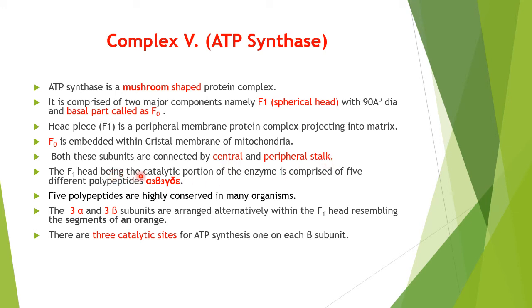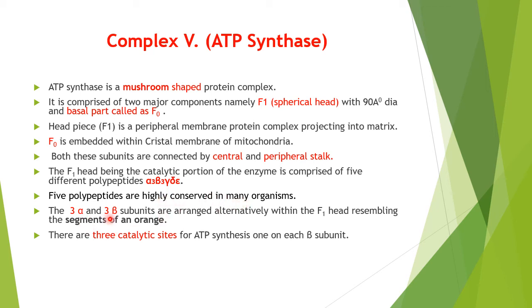The F1 head, being the catalytic portion of the enzyme, is composed of 5 different polypeptides: alpha, beta, gamma, delta, and epsilon, and all these are the proteins of this mushroom-shaped protein complex. These 5 polypeptides are highly conserved in many organisms.